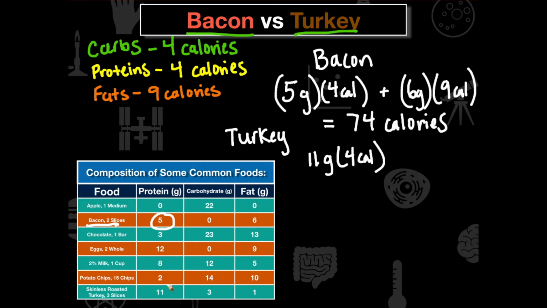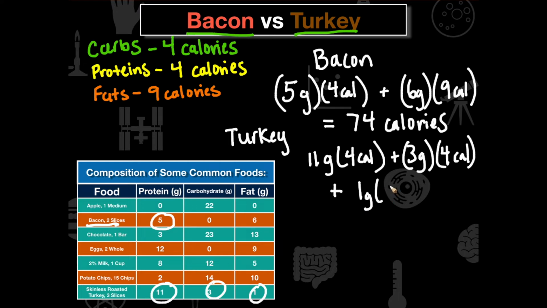We have 3 grams of carbs, which we'll multiply by, again, about 4 calories per gram. And then we also have to add in our fats. Turkey only has 1 gram of fat, and there are 9 calories per gram of fat. So if we look at this one, we get a numerical value of 65 calories.